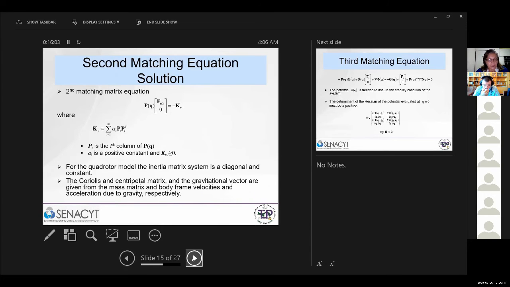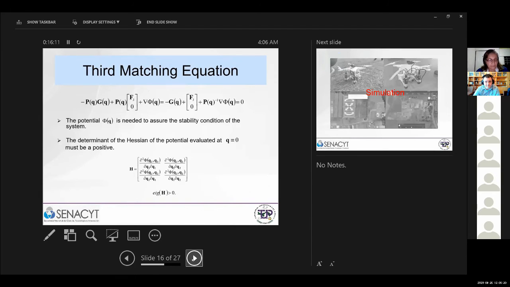From the second matching equation, KB is obtained and also the second force for the actuation. From the third matching equation, the potential and the determinant of the Hessian of the potential, which are important tuners for the correct performance, are obtained.